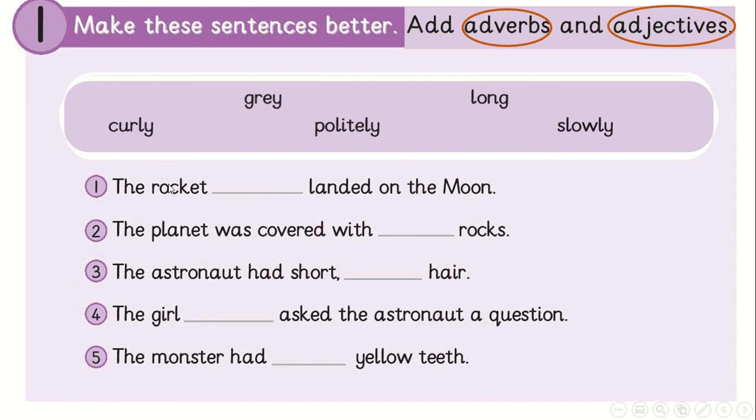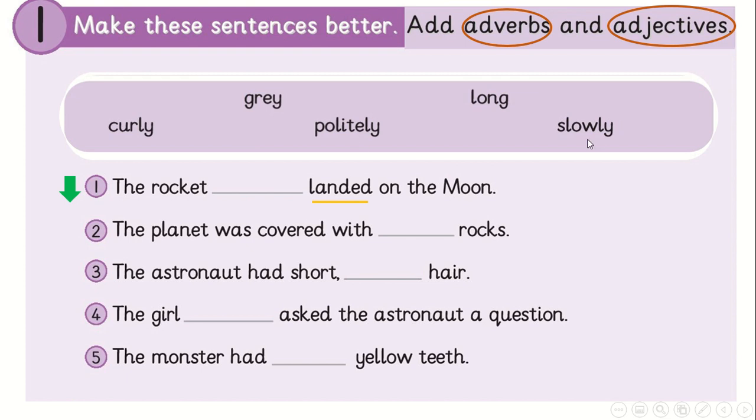Well done. Now, the rocket dash landed on the moon. Okay, so here we have the rocket landed. Landed. Hmm, this is a verb, teacher. So we have to add an adverb here.